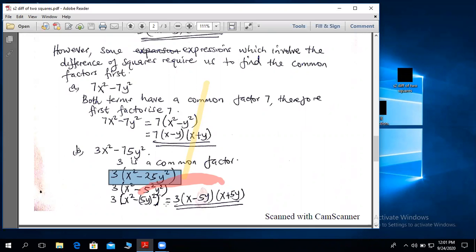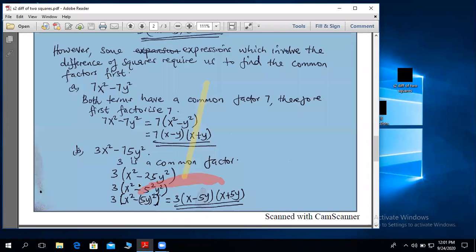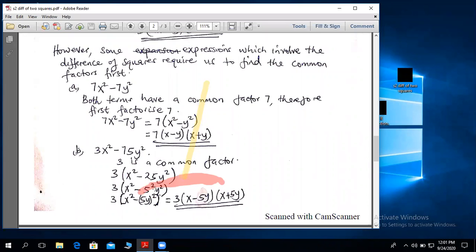So from there, what should I do? I will create a difference of two squares. This is x squared. This is 5 squared for 25, and this is y squared.